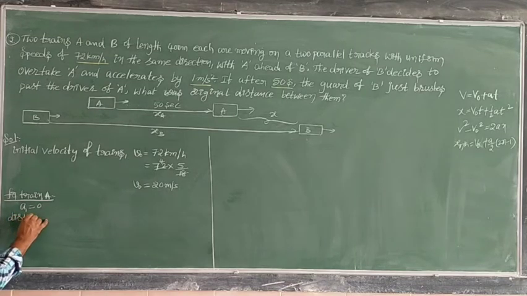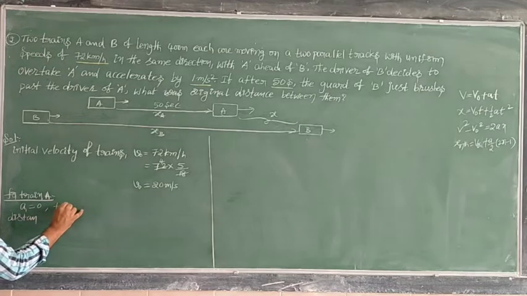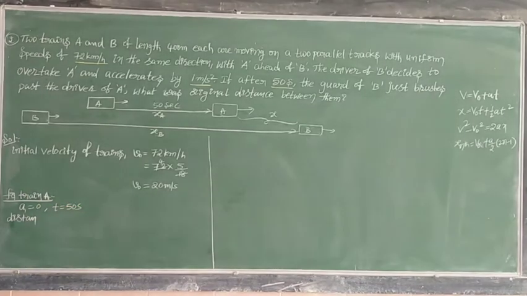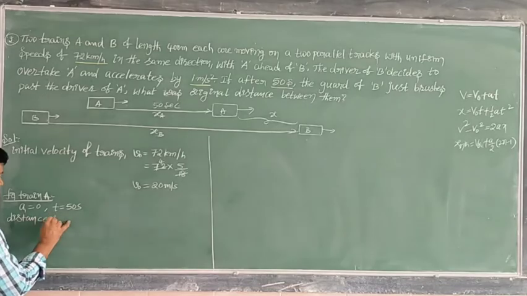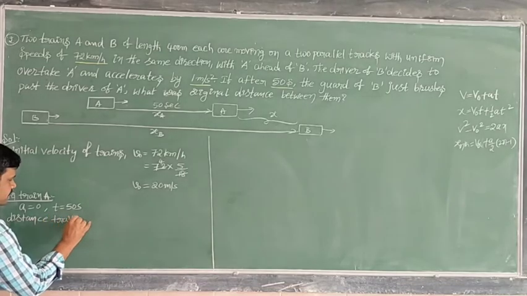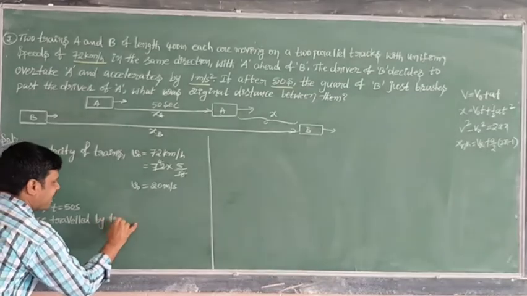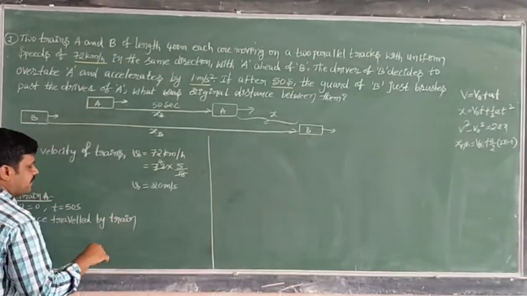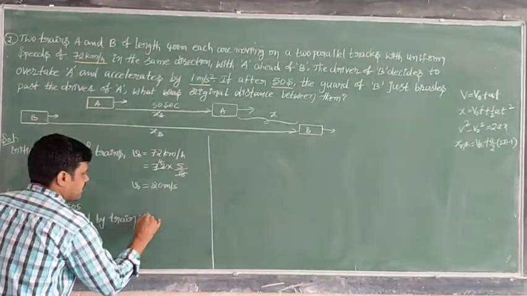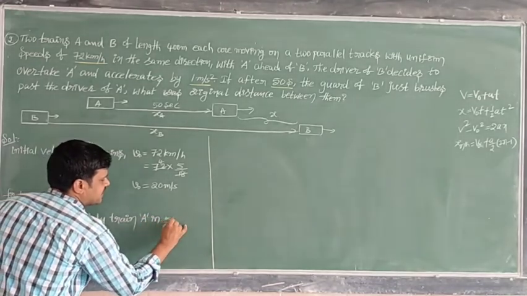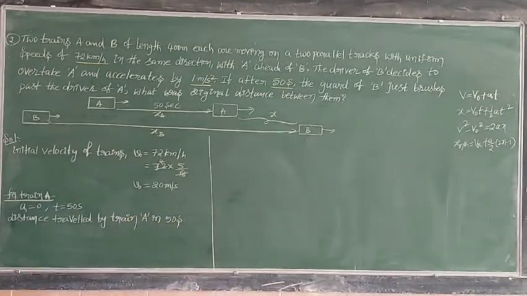Next, we look at the distance. Time is equal to how many seconds? 50 seconds. Distance traveled by train A in 50 seconds.